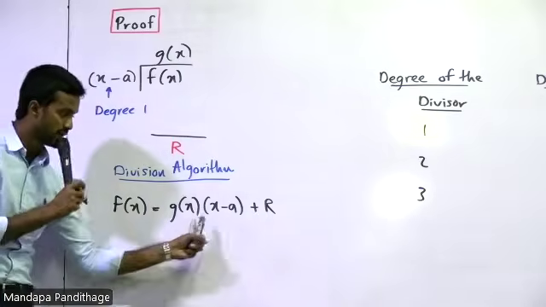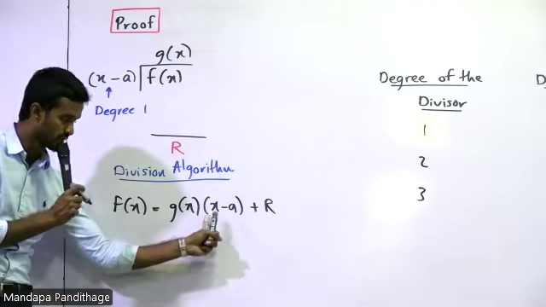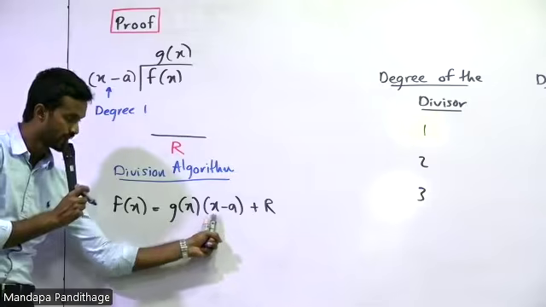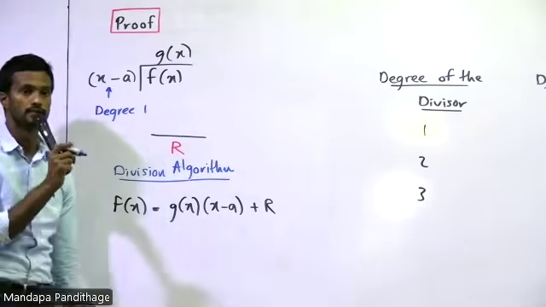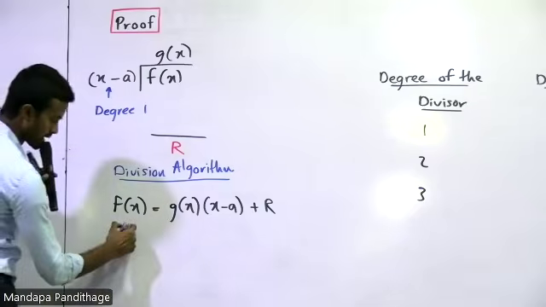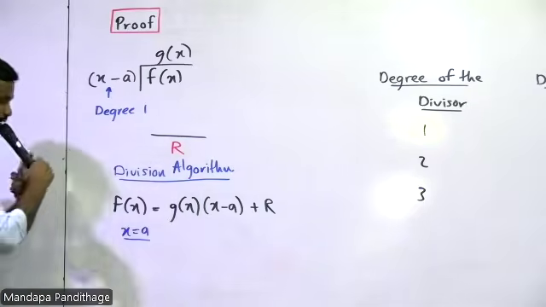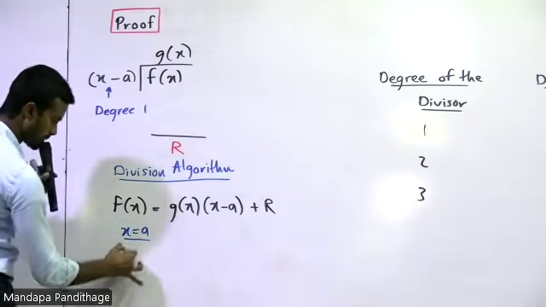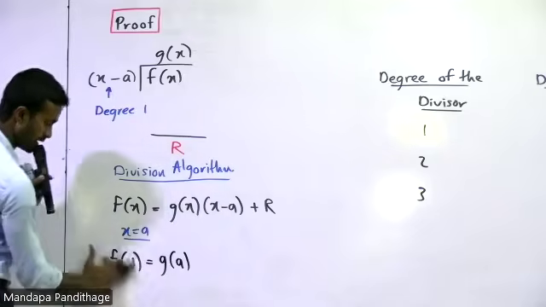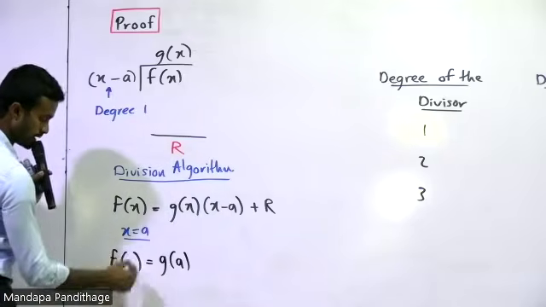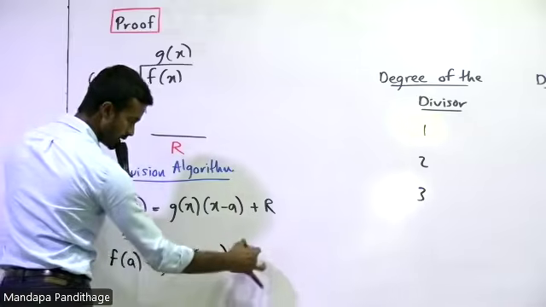Okay, tell me, by substituting x equals which value can I take this factor out? x equals a. Because if I put x equals a, look what happens. I get f(x) is equal to f(a) = g(a) times (a minus a) plus r.